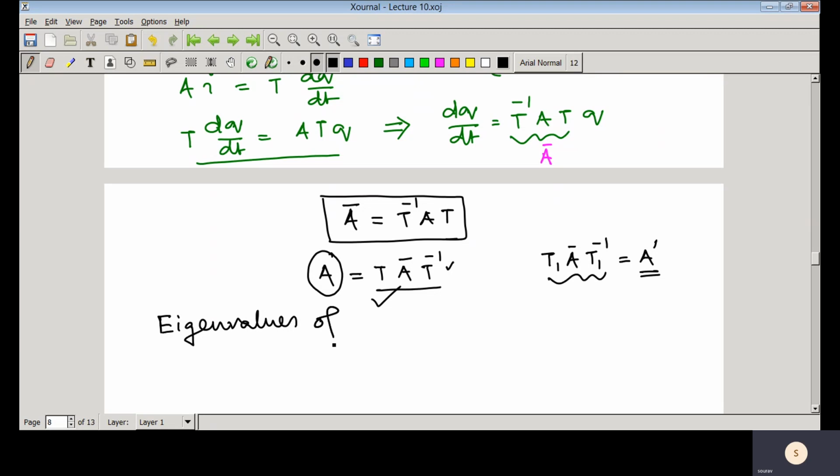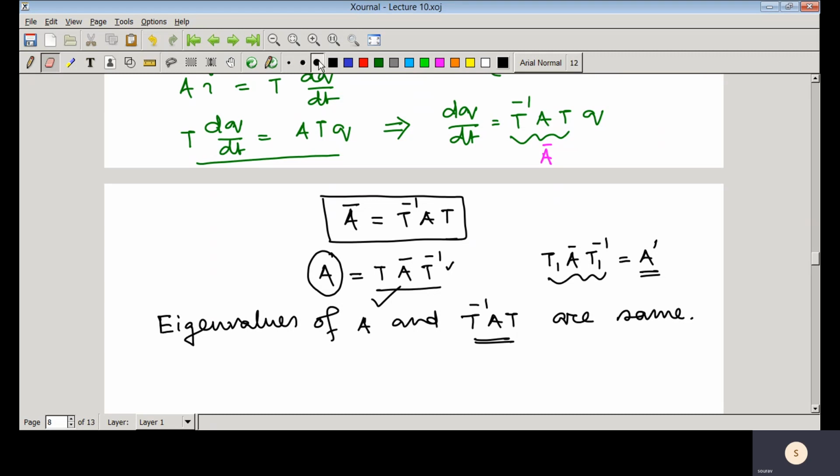The eigenvalues of A bar and A are the same, because you know from linear algebra that a matrix A and T inverse AT have the same eigenvalues.